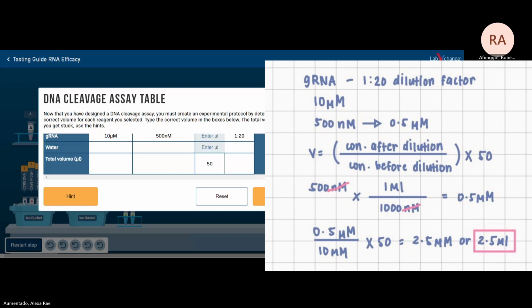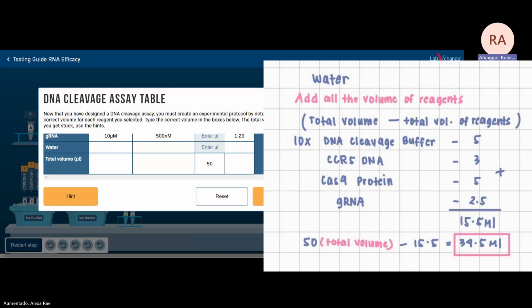And now, after getting the 0.5 micromolar, we divide it to 10 micromolar equals to 1:20 dilution factor. So the 1:20 dilution factor times 50 is equals to 2.5 micromolar or 2.5 microliters.